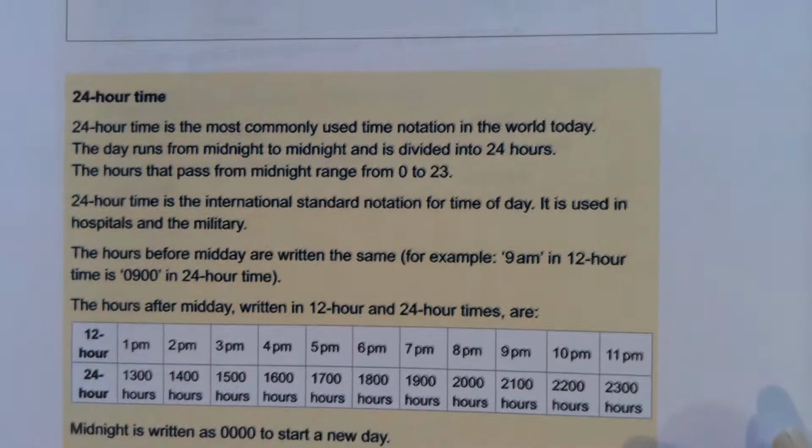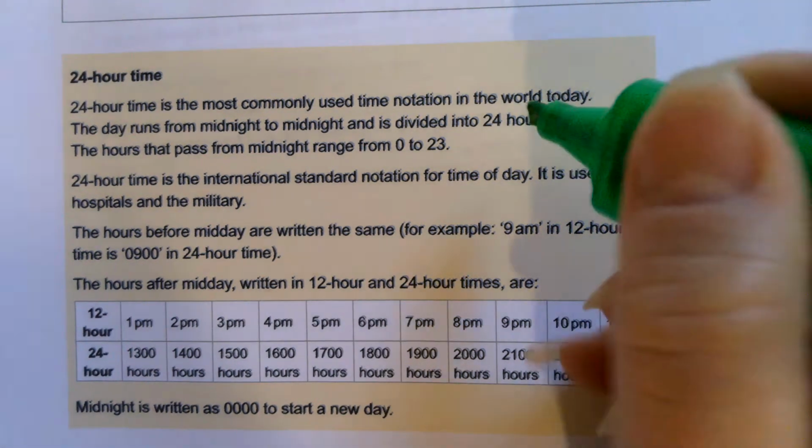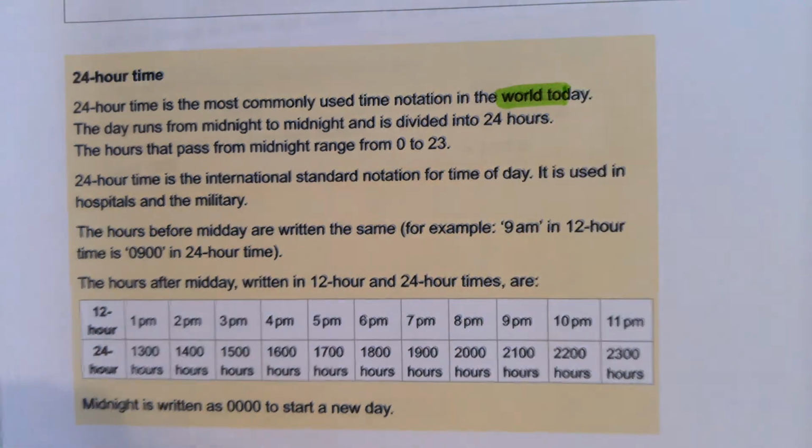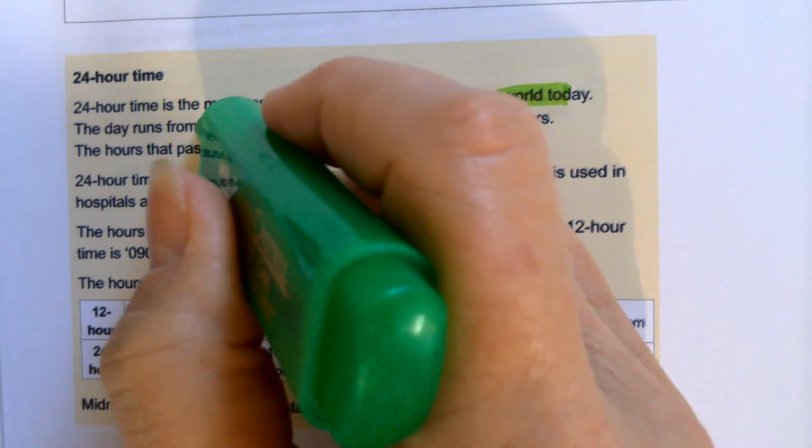Now, 24-hour time. It would be a good idea if you paused now and copied this out. It's information you really need to know. It's commonly used around the world. If you travel overseas, you will find that many countries work in 24 hours. And it goes from midnight to midnight.